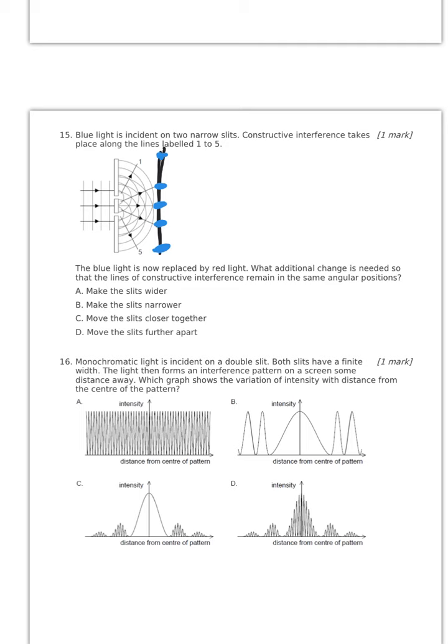And it says the blue light is now replaced by red light. For the two slits, the equation in question is S = λD/d, where d is the separation between the two slits and S is on the screen. That's the separation from one bright band to another. Now red is a longer wavelength, so that would mean that those bands would spread out.